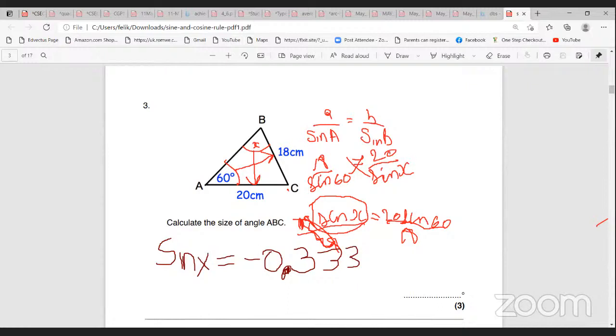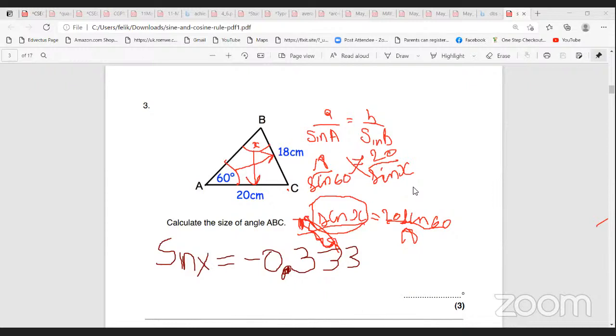Anyone else got negative 0.33? No, miss. What did you get?